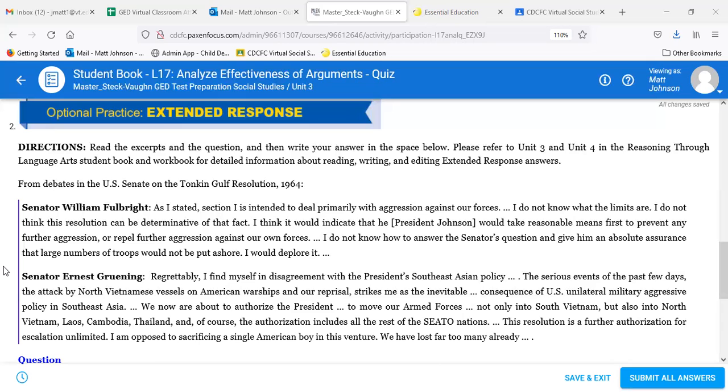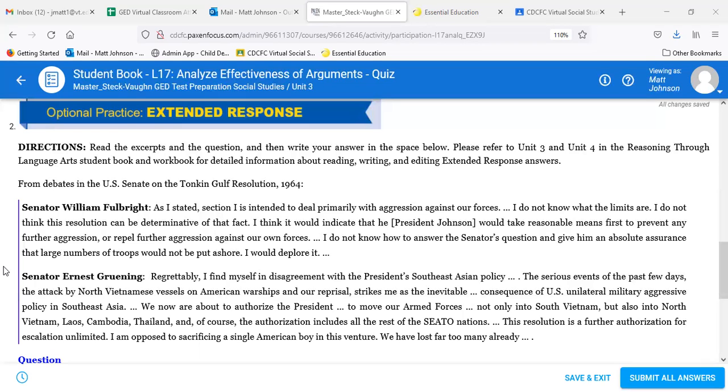And now it's talking about authorizing the president to move armed forces, not only in South Vietnam, but all over Southeast Asia and into North Vietnam, Laos, Cambodia, Thailand, and further authorization for escalation unlimited.